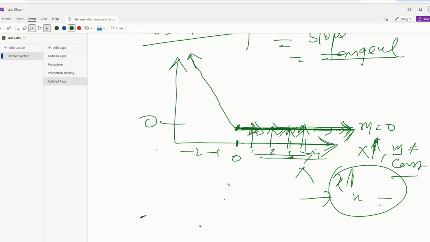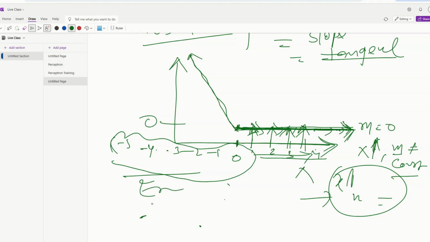Now think about these points. These are the error points, suppose at -2, -3, -4, -5. These are the misclassified points, or error points. If you draw the slope here, suppose I'm randomly taking some points.